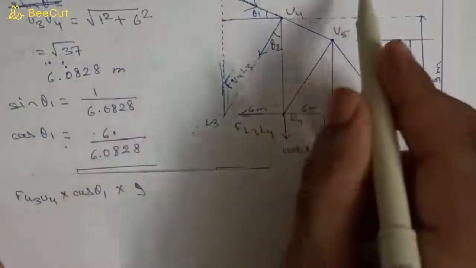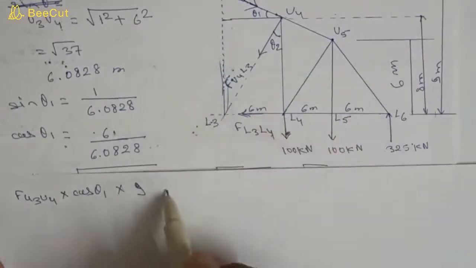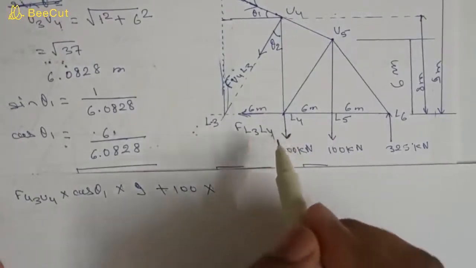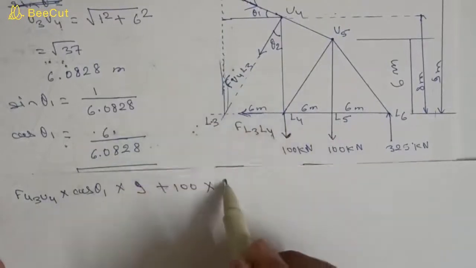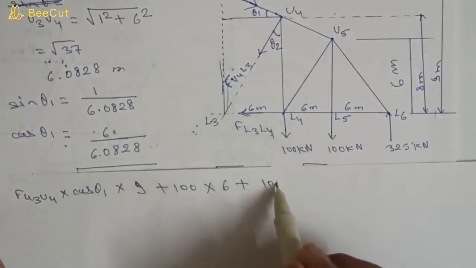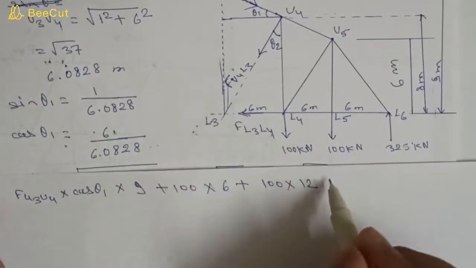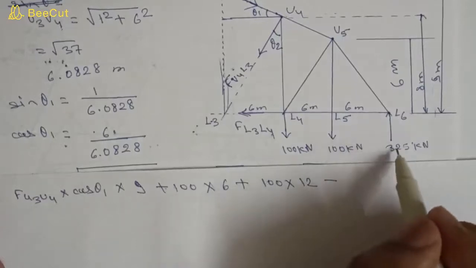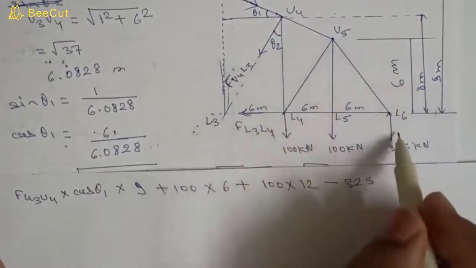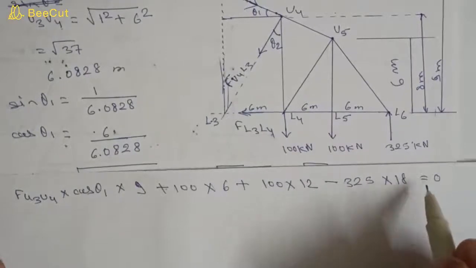Moment due to this will be in clockwise direction, and the other moments are plus 100 into 6, this distance is 6 meter, plus this 100 into 6 plus 6, 12, minus 325, this 325 is opposite, it is counterclockwise, so 325 into 6 plus 6 plus 6, 18, is equal to 0.